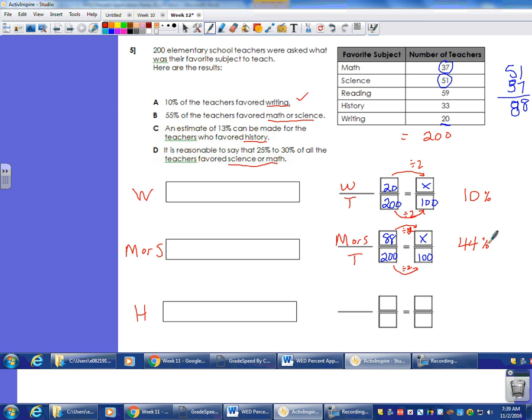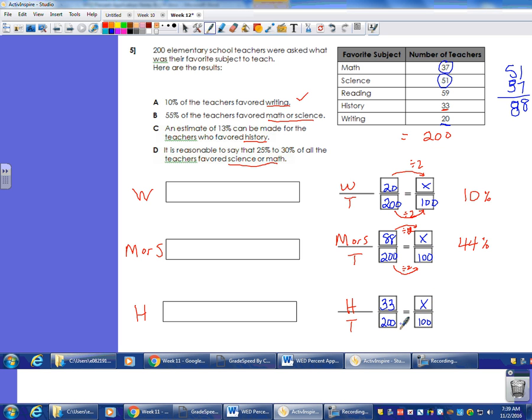And the last one, history, is 33, so we're going to have history over the total. My history is 33. My total is 200. I know my percent total is 100, and this would be x.